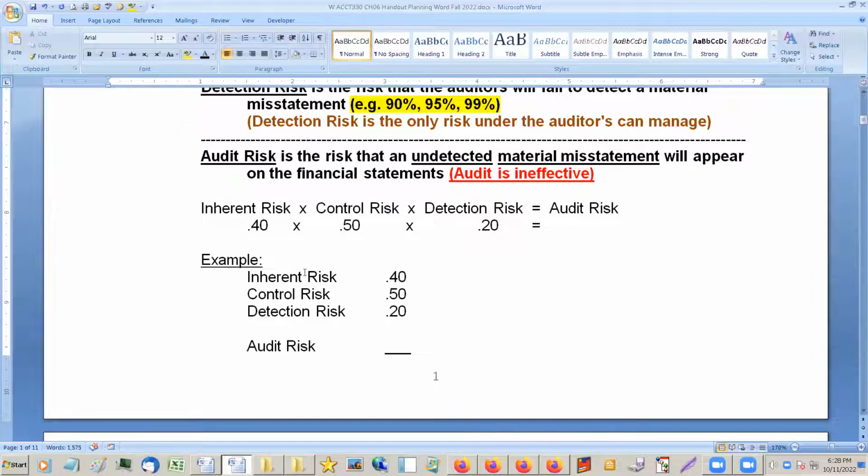Time for Mr. Calculator. I think it's 0.04. We want to check that. So that would be audit risk of 0.04, or there's a 4% chance.